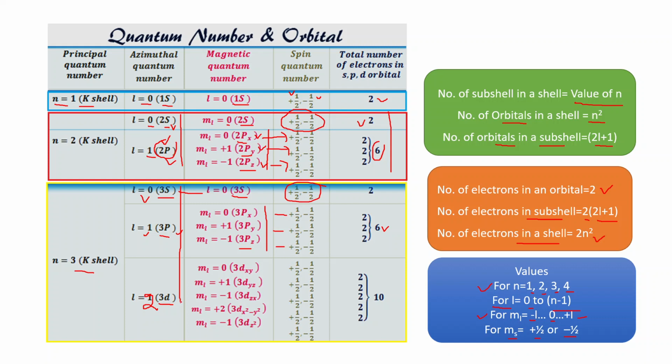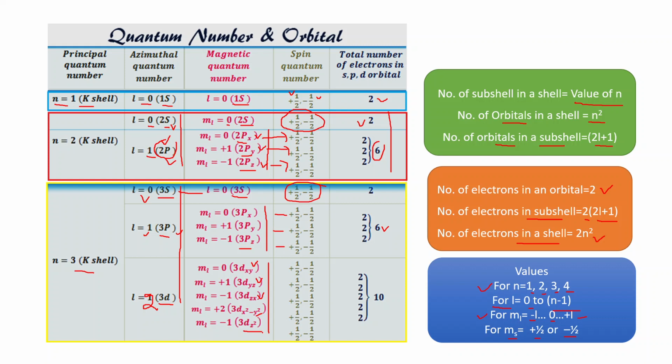In the case of the d subshell, there are 5 orbitals, and their designations are these. We will also discuss these designations when we discuss the shapes of these orbitals. These are 3dxy, 3dyz, 3dzx, 3dx squared minus y square, and 3dz square.